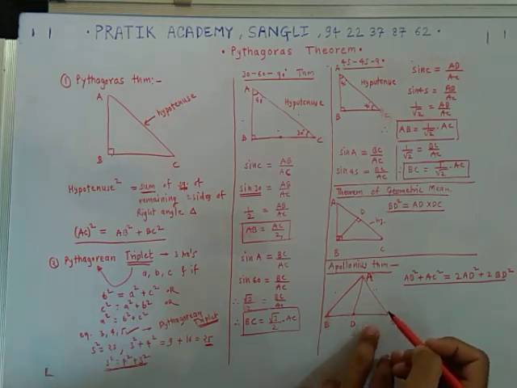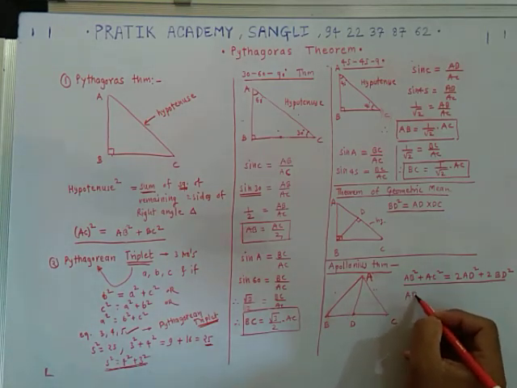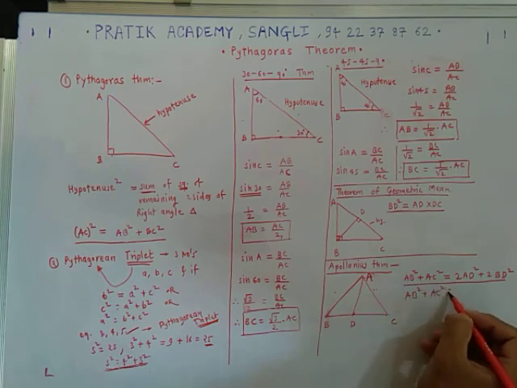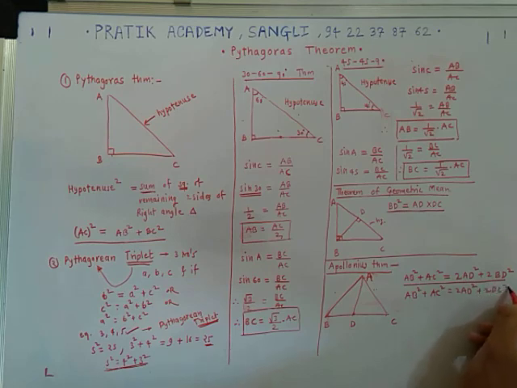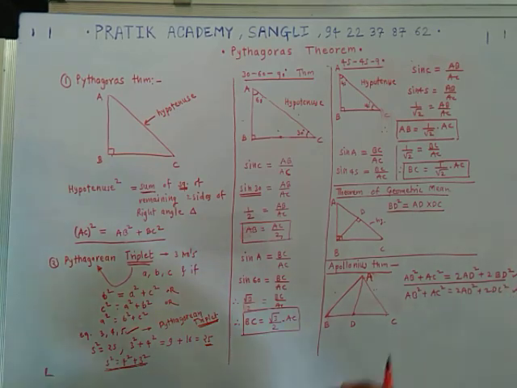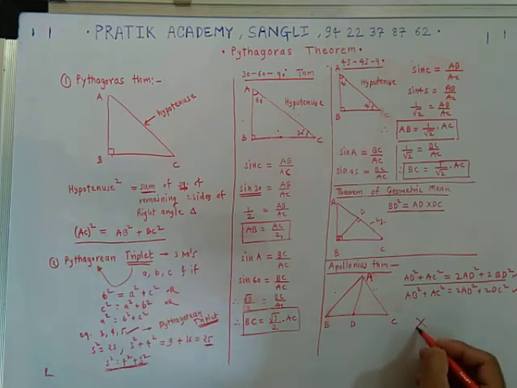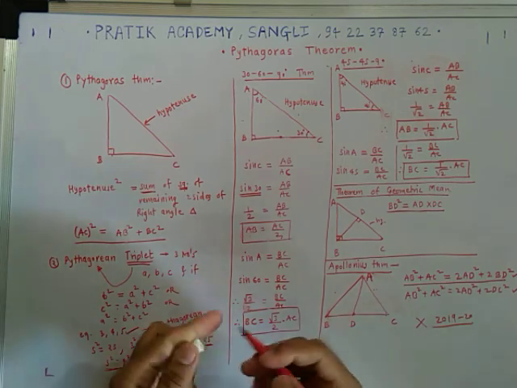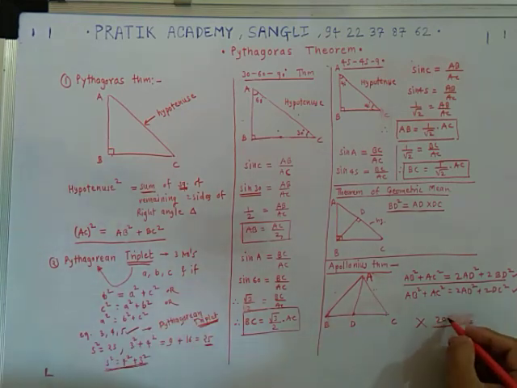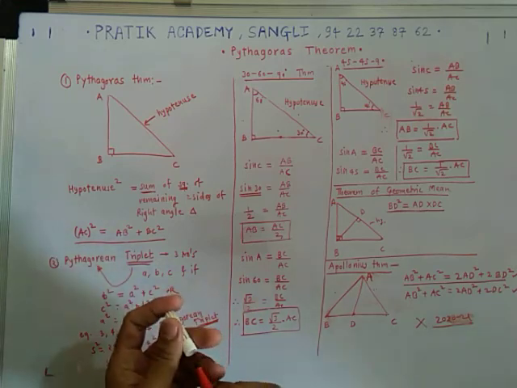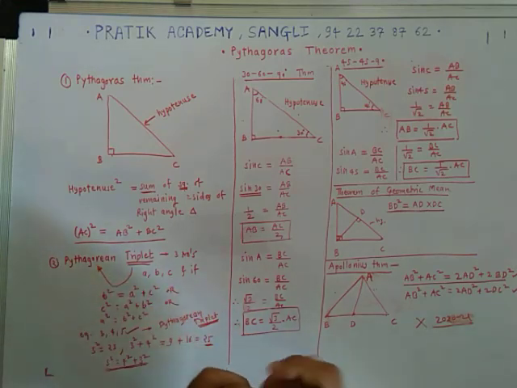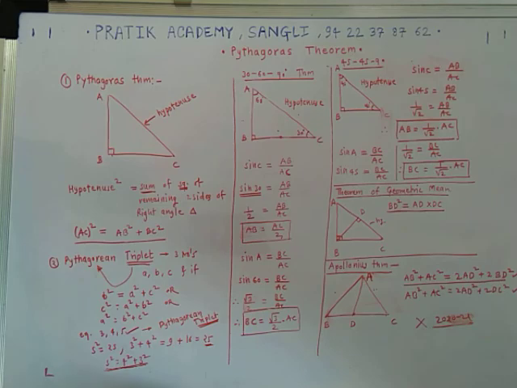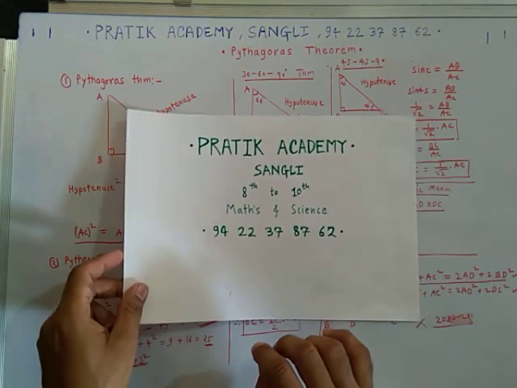BD and DC both are the same, so you can write it this way or this way also, 2 times AD square plus 2 times DC square, both are the same. So this part is not in your syllabus for the 2019-20 batch, sorry, 2020-21 batch. Okay, so these are the important theorems and formulas from the chapter Pythagoras theorem.